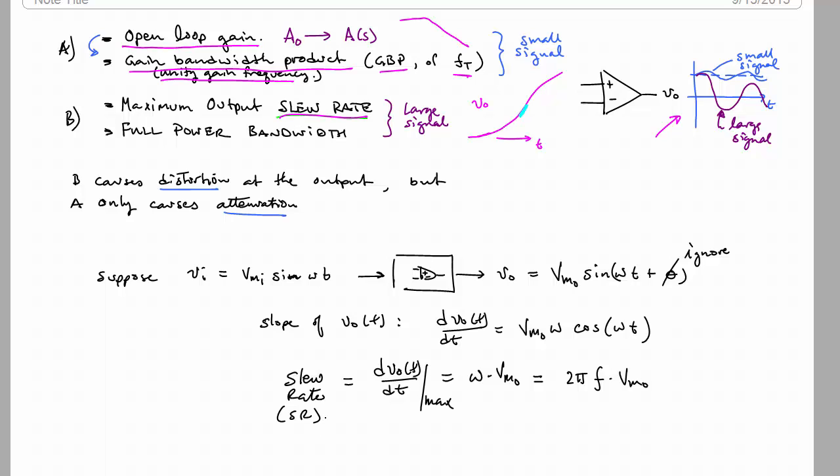It's going to be dependent not only on the amplitude of the signal you're asking for, but also on the frequency. In other words, you could have a constant amplitude, I have an amplitude of 1 volt. But if I double the frequency that the op-amp is to output, then the maximum slew rate will have doubled as well.